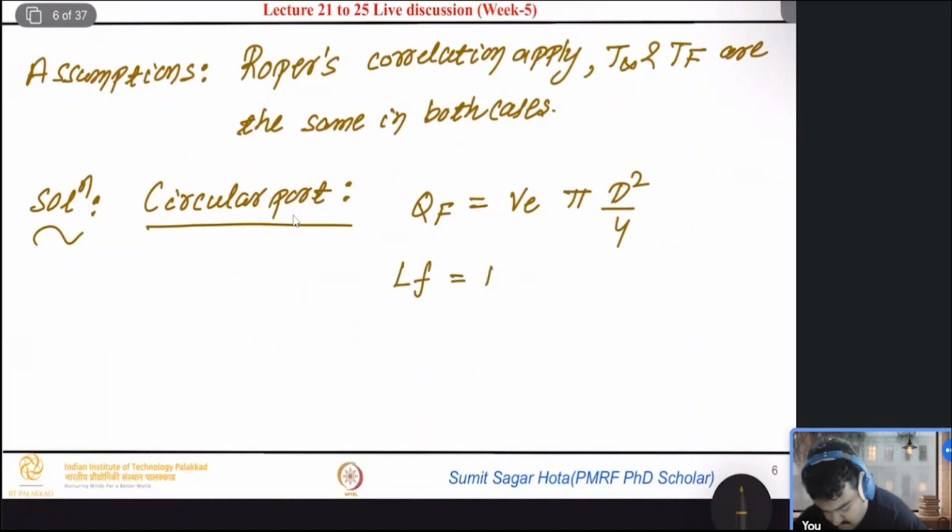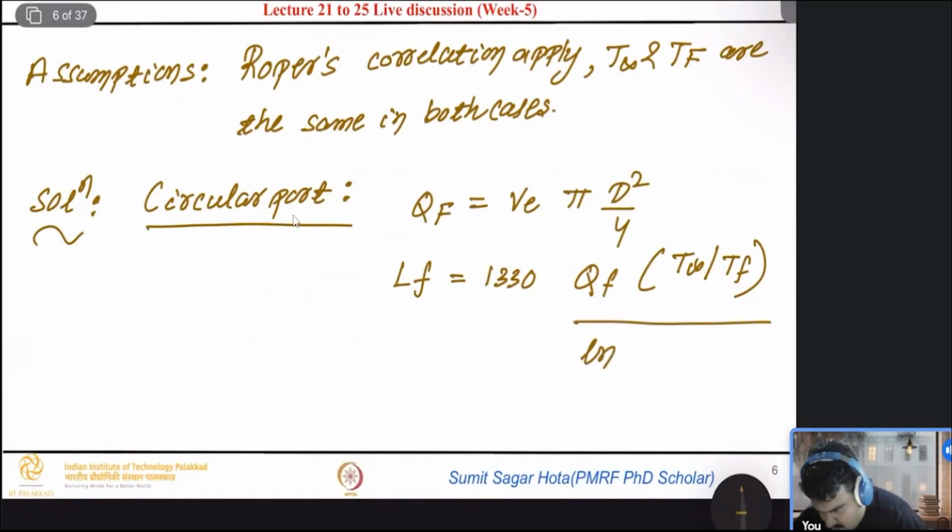L_F is equal to 1330 Q_F T infinity by T_F times ln of (1 plus 1 by S).